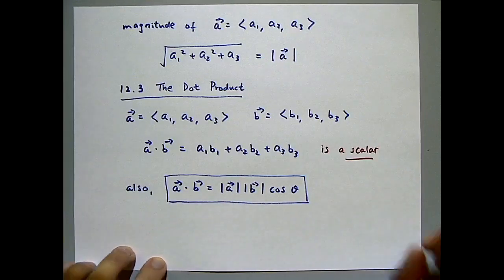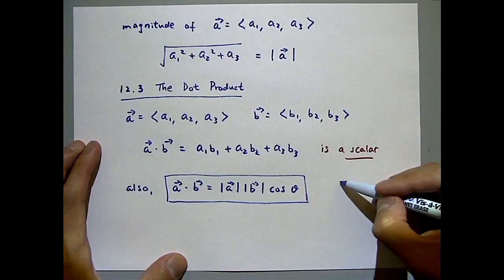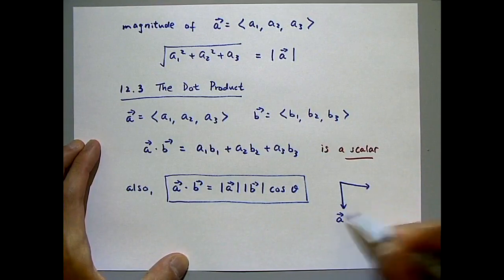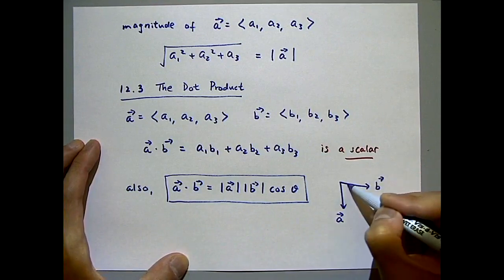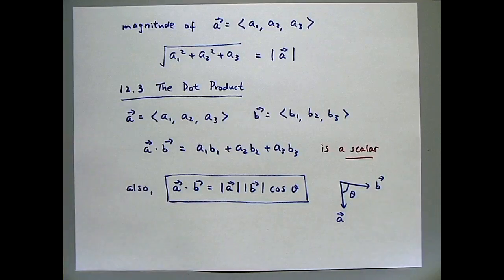Geometrically, the dot product of these 2 vectors is the magnitude of the first one times the magnitude of the second times cosine of theta, where theta is equal to the angle between the 2 vectors. Okay, remember that? Yes? Yes.